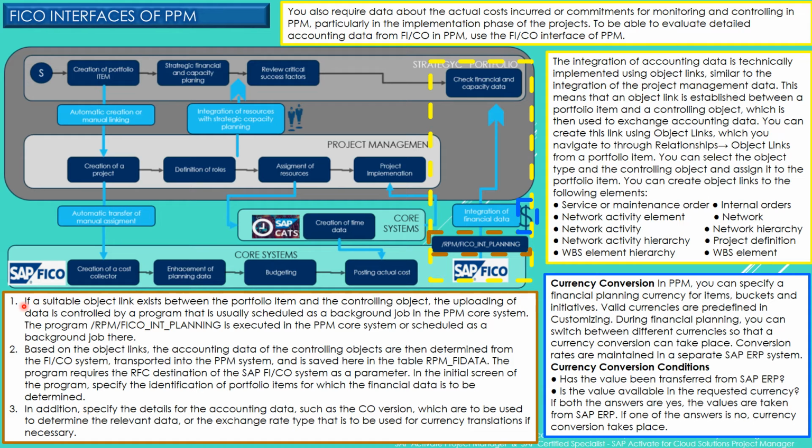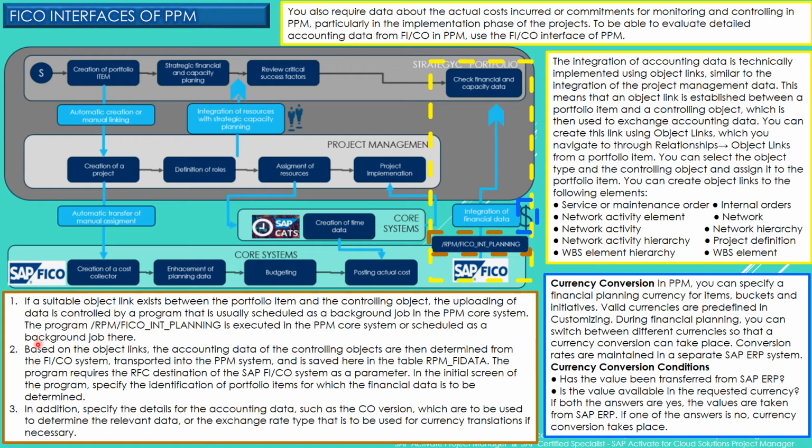After the object link between the portfolio item and the controlling object is created, the uploading of data is controlled by a program that is usually scheduled as a background job in the PPM core system. The program is executed in the PPM core system or scheduled as a background job there.